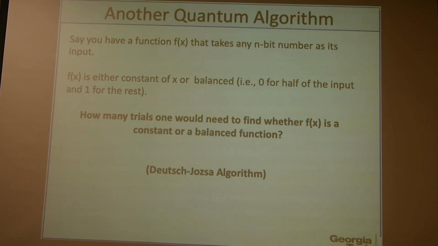So say you have a function f of x which can be a constant for all the values of x, or f of x can be a balanced function where for half of the values of x it's 0 and for the other half it's 1. Right? So let's call this the constant function and this the balanced function.